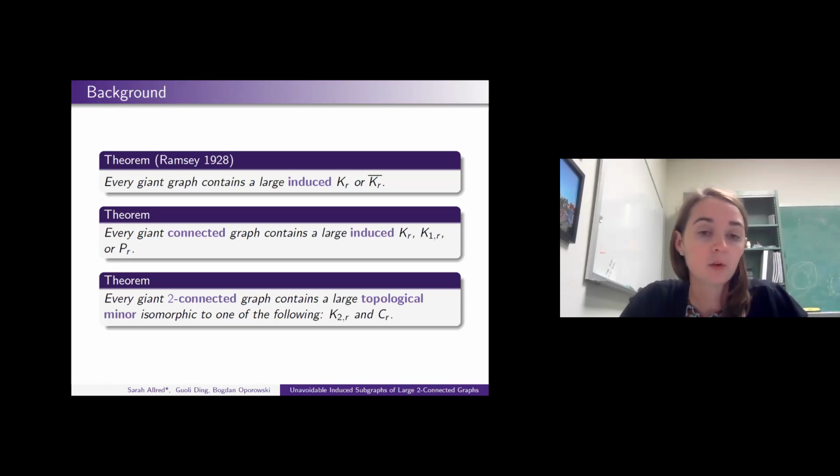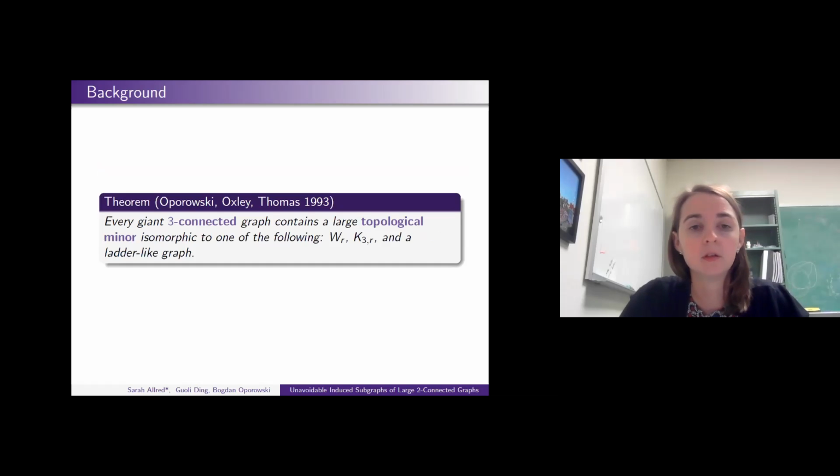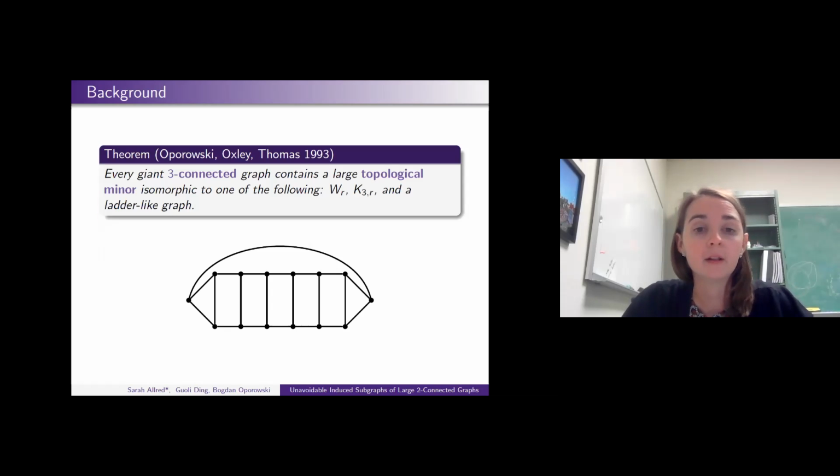So then the next question was, if we keep this topological minor relationship, can we say anything about 3-connected graphs? Oporowski, Oxley, and Thomas proved that every giant 3-connected graph contains a large topological minor isomorphic to a wheel, K_3,r, or a ladder-like graph like we have here.